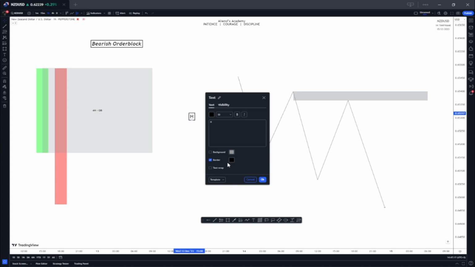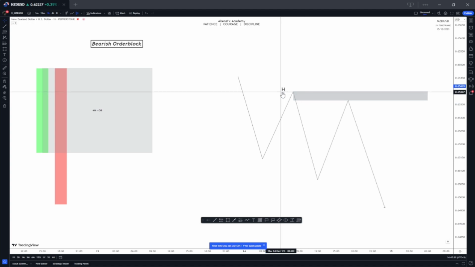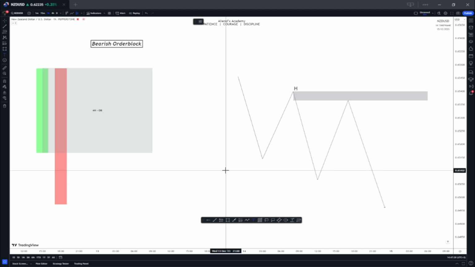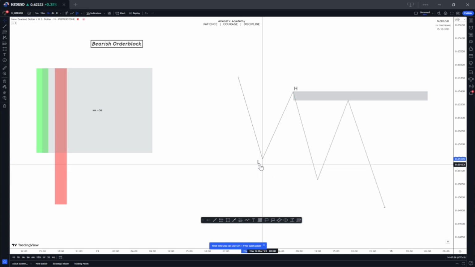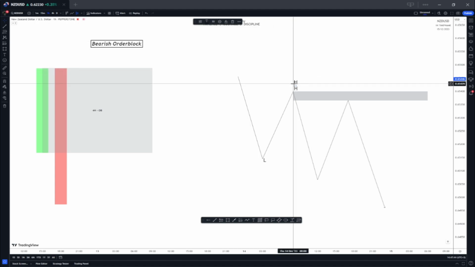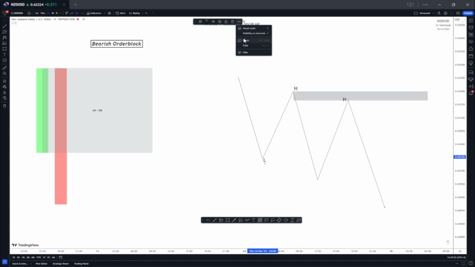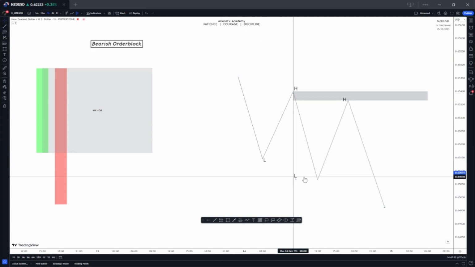So we'll have a high here and our low down there. We will see that the market always does the same thing: it forms a high and a low, a high and a low, a high and a low, because that's exactly how the market moves. Even if you're using any other strategy, the high and low rule does not change.